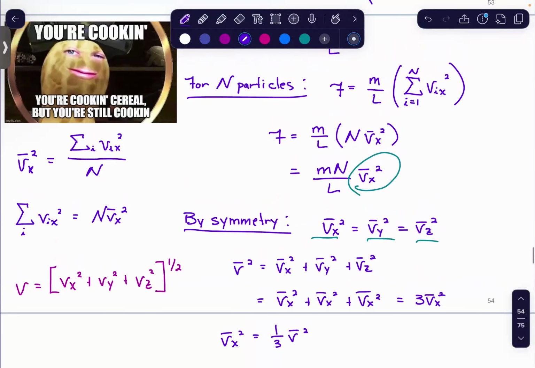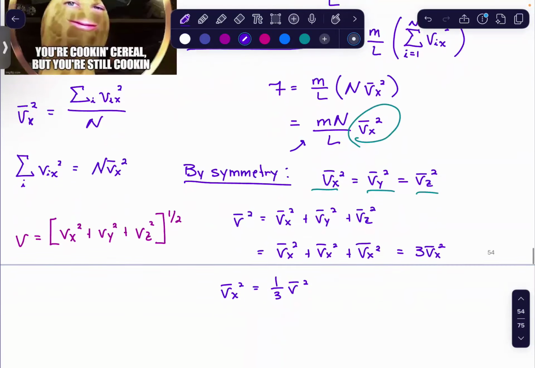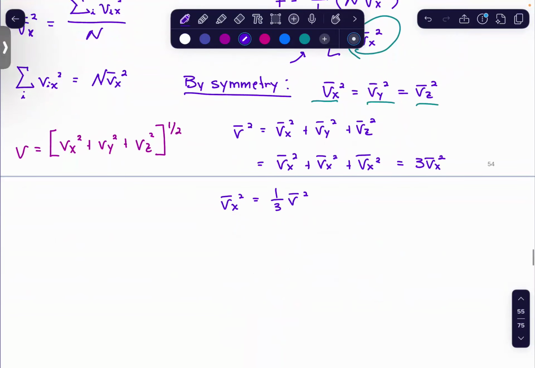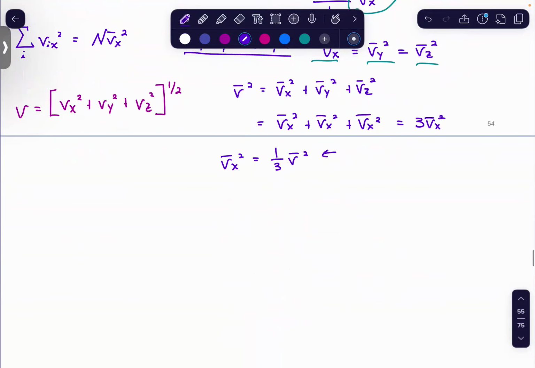All right, so now I'm going to take this expression for force and substitute in my new expression for Vx squared. Okay, so now force is going to be m times N over L times 1/3 average velocity squared.